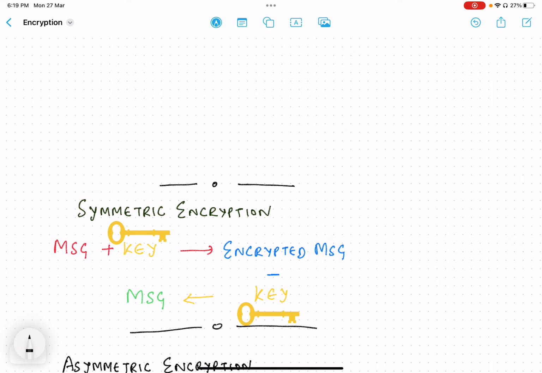We have a message which is encrypted using a key, and we get an encrypted message back from it. And then we take that encrypted message and use the same key in order to derive the original message from it. This is symmetric encryption, in which you use the same key. Here, it's the same key for encryption and the same key for decryption as well.